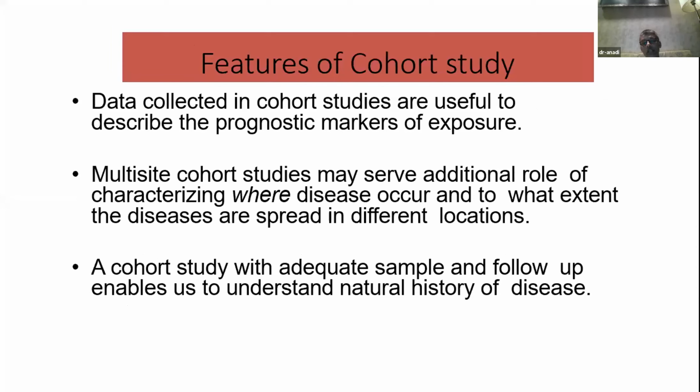So you study heart disease in the US, in the UK, in Europe, in India, in other parts of Asia, and you can assess the different ethnic groups with the same risk factors. A cohort study with adequate sample and follow-up enables us to understand the natural history of a disease.